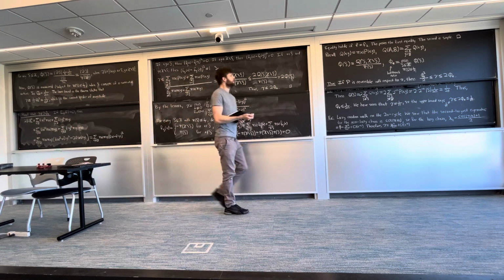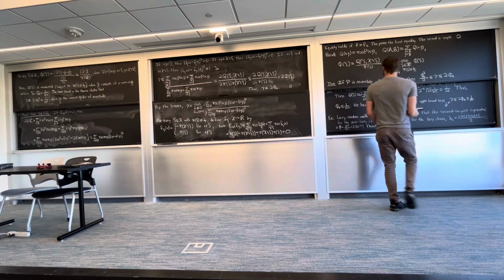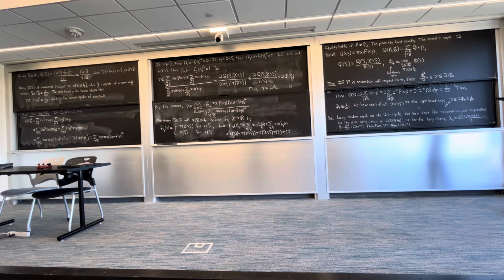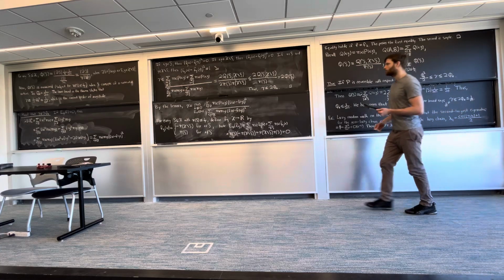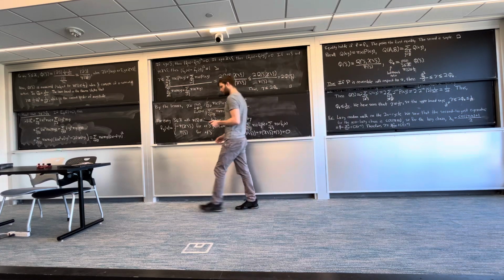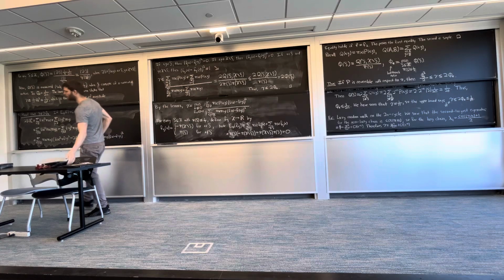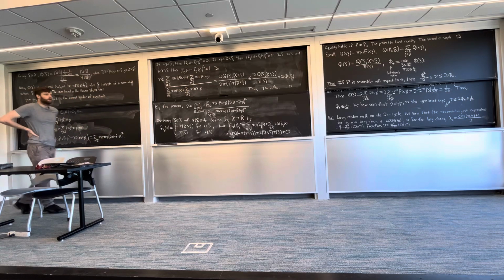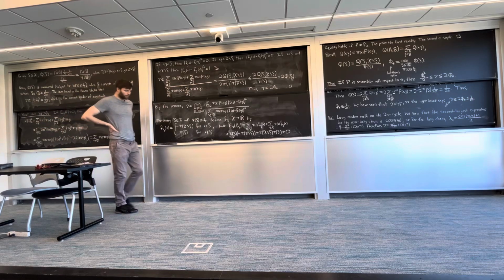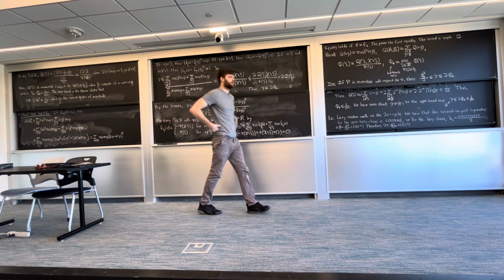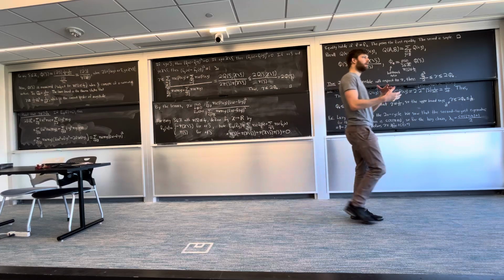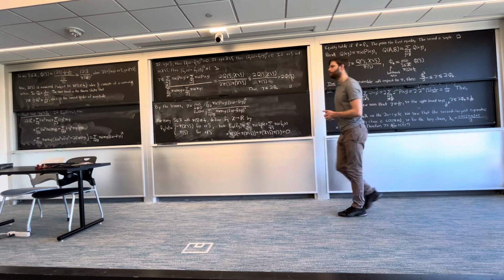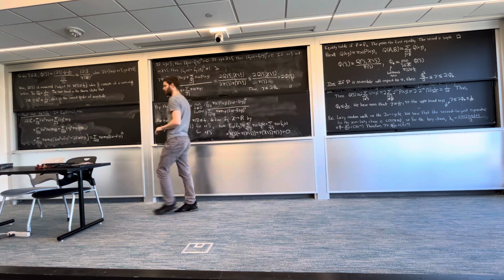Okay, so yeah, I don't have too much time left today, but maybe I'll just start with what I want to do next, which is comparison of Markov chains. So oftentimes if you have some Markov chain, you can try to cook up a related Markov chain that is maybe easier to analyze, and if you can compare them, then you can get a bound for the spectral gap of one of them in terms of the other one. Maybe it's easier to compute the spectral gap of the other one.